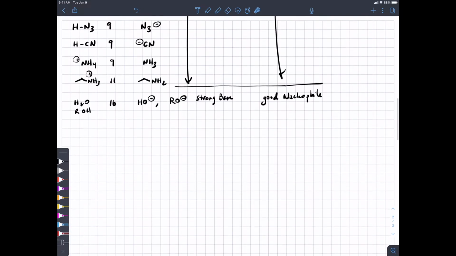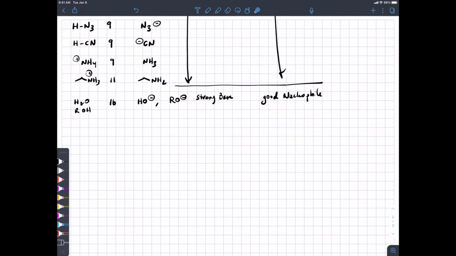Okay? Let's see. So we could put some other things on this list. The one that maybe would matter the most would be acetylide anions. This is going to be one of our only carbon-carbon bond-forming reactions in 351.